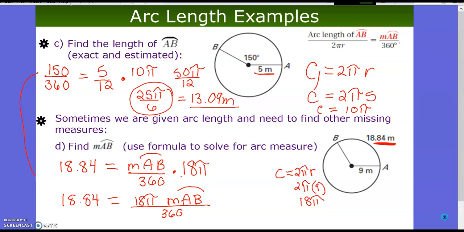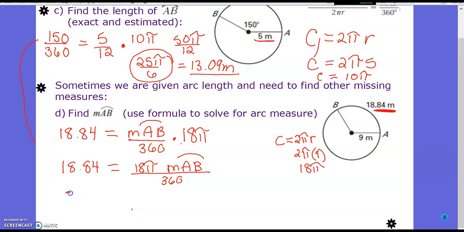And divide by 18 pi. And that's going to give me my measure of arc AB.